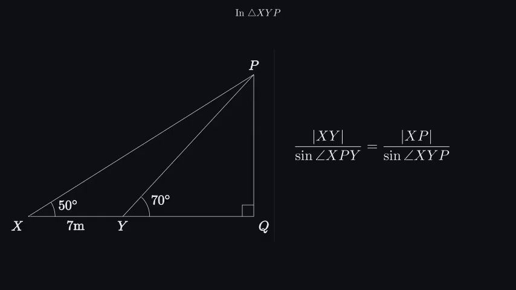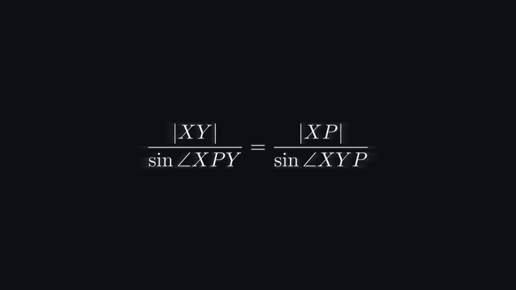The side, length of XY, is opposite angle XPY equals 20 degrees, and the side, length of XP, is opposite angle XYP equals 110 degrees. Now substitute the values. Therefore, length of XP is 19.23 meters, correct to 2 decimal places.